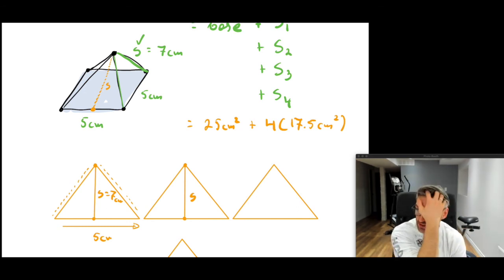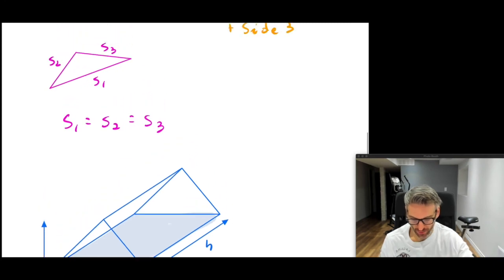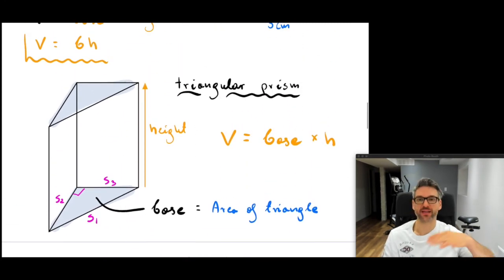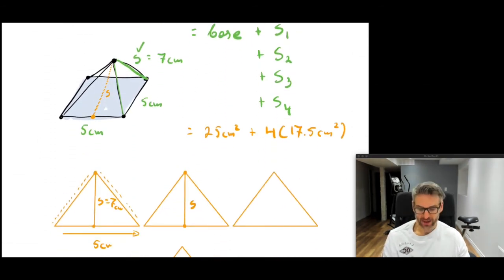Now, within these pyramids, when you have a pyramid like this, how do we get the volume? Because notice the volume here in these prisms, we just took the base, multiplied it by the height, and that was relatively simple. Here, we can't really do that because our base is square or whatever it may be.